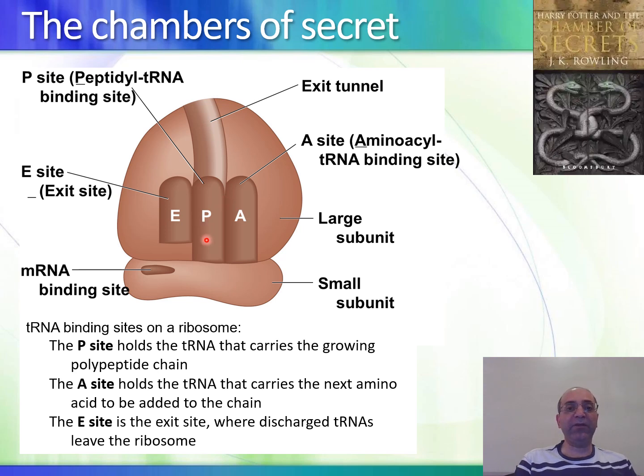You have a place where you have the second tRNA molecule added, and you have an exit chamber as well, where you have the empty tRNA placed, and then it gets removed from ribosomes, as we will see in a few seconds.